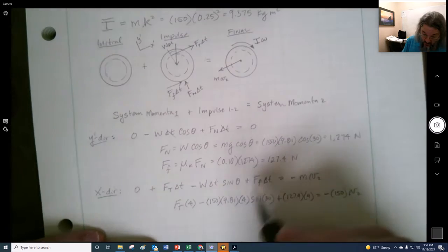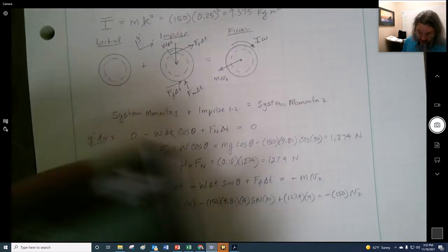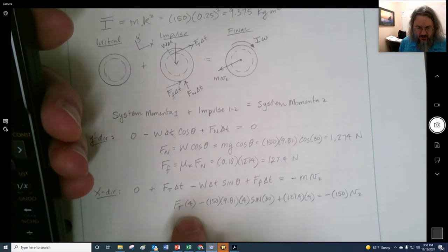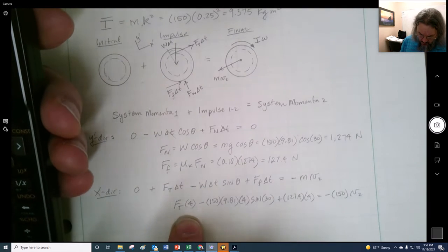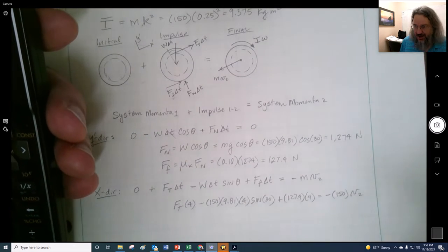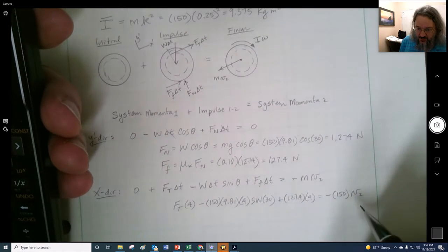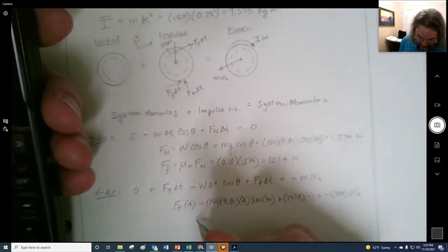Right, so let's collect all of these things. Sometimes I will solve for the tension, because I recognize I'm going to try to get rid of that in a minute and put it back in there so I can isolate my velocity.